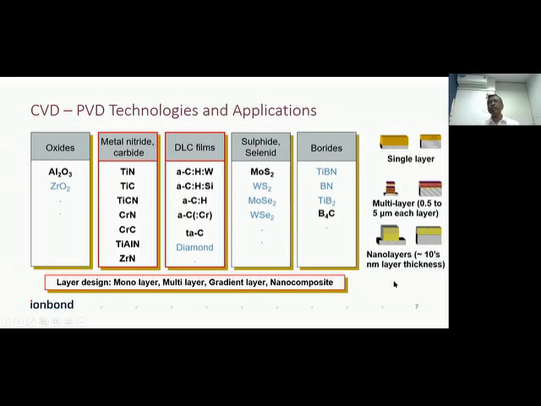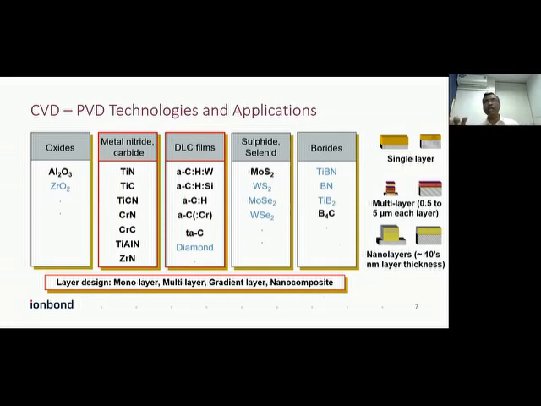The basic advantage of these structures is that when we use these tools, definitely due to wear, crack propagation occurs.